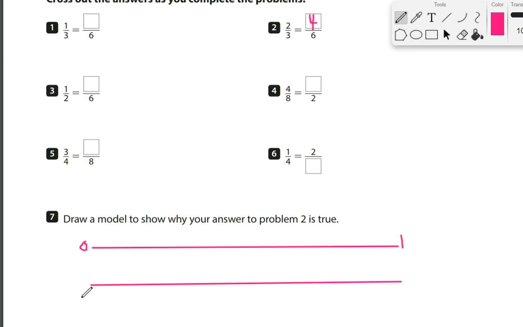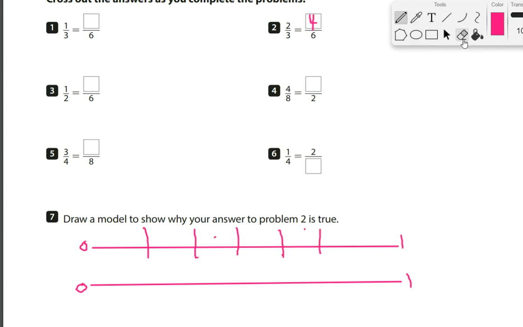0, 1, 0, 1. Find your half. Okay, here's half. Whoa, I have a funky foot on that one. So I found my half, and then I went and I divided them in half. 1, 2, 3, 4, 5, 6.